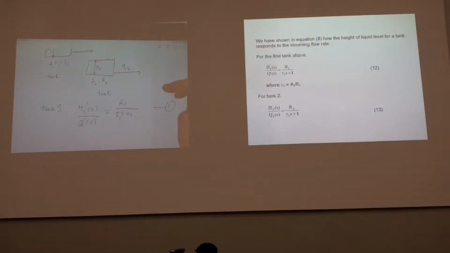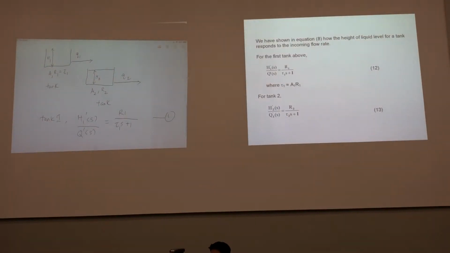What about tank 2? Similar condition. Tank 2 is between H2 and Q1. So your output is H2, so you have H2 prime S. What about your input?